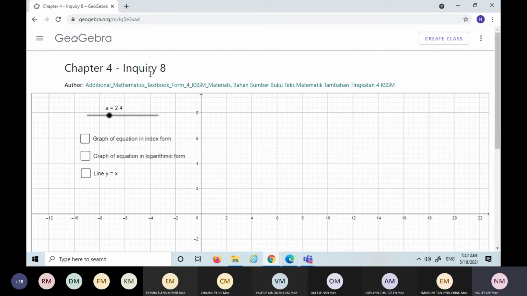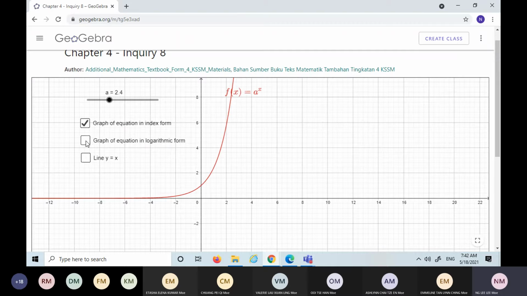First of all, we want to study the graph for the index form and then for the logarithmic form. This is the index form, the graph y equals a to the power x, or f(x) equals a to the power x. And this is the graph in logarithmic form, y equals log base a of x.